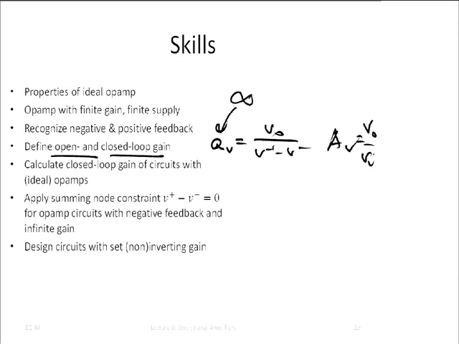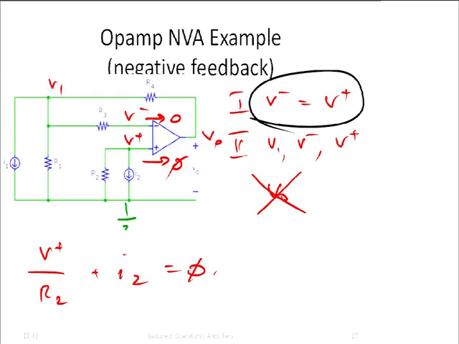Then you should be able to calculate that closed loop gain, AV. If I give you a circuit with an op-amp, for example, the one that we just had here, then you should be able to calculate the gain. What is the gain of this circuit? Well, it's simply V out over, for example, I1. Well, that maybe would be RV, right?